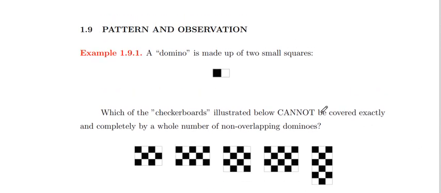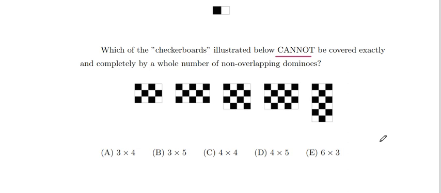Okay. So this problem says we have those dominoes, so we can make up those ones. Which one cannot be made from those pieces? So we can check one by one. We say, oh, this is okay, but just one.